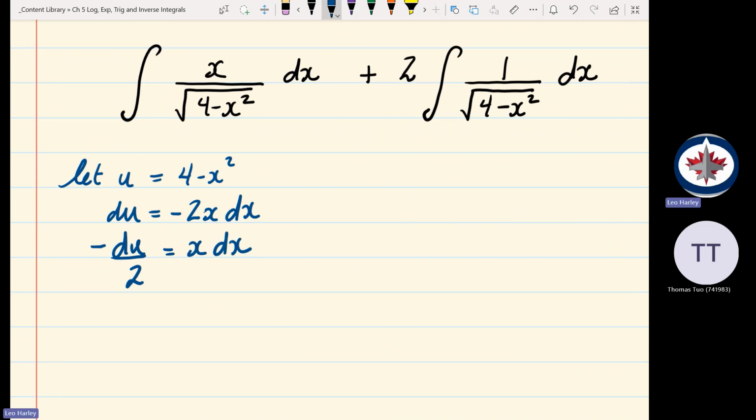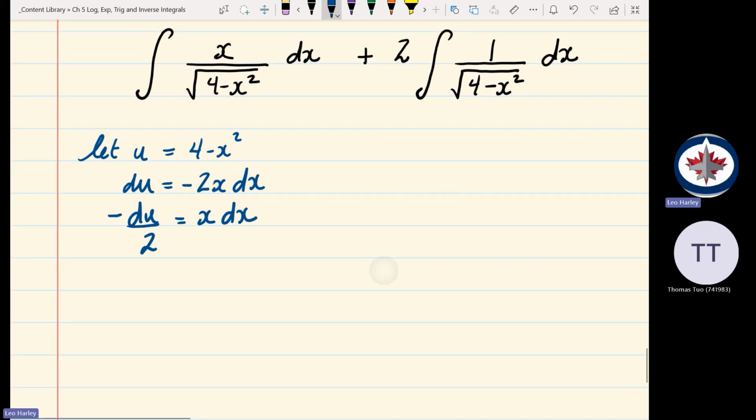So that's a nice fit for us. And then when we rewrite this, we could simply rewrite this integral here as minus 1/2 the integral of 1 over u du. And we can move forward. That will be the natural log in the near future.